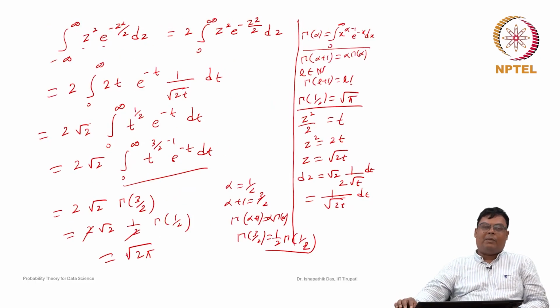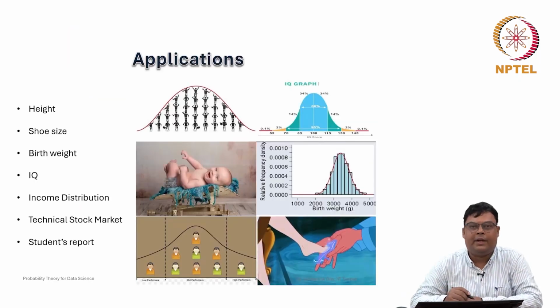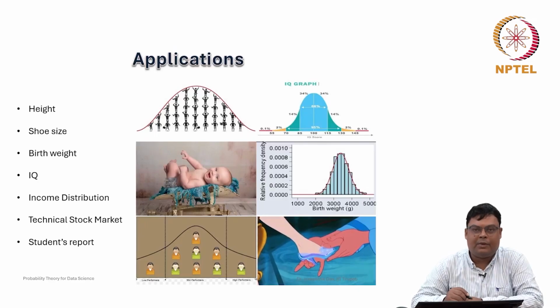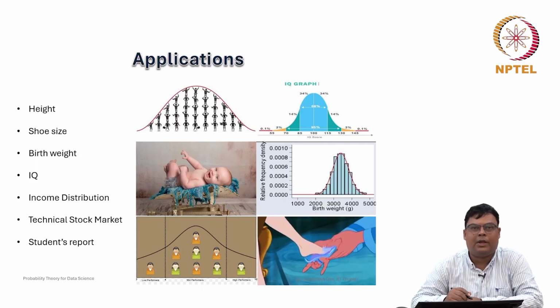Next, we will discuss some important properties of the random variable. Let us discuss some applications of the normal distribution. There are many applications of normal distribution. Most of the data sets we find in nature follow normal distribution.